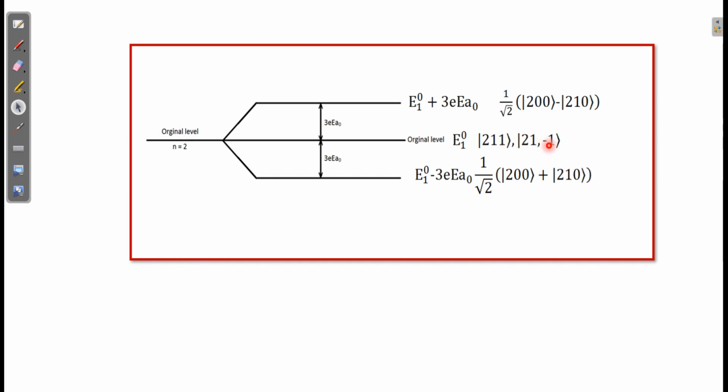And two wave functions give the two energies, one plus and the other minus. Plus for anti-parallel dipole and minus for parallel dipole. So the linear combination of these two wave functions for anti-parallel dipole is 1 by root 2. This is the wave function. For this linear combination, energy is this.